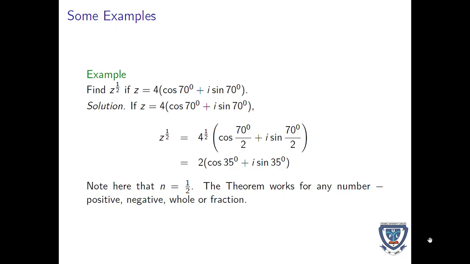When you apply De Moivre's theorem properly, you are going to get 2(cosine 35 degrees plus i sine 35 degrees). Note here that our n is 1 over 2. This theorem works for any number at all, whether positive numbers, negative numbers, whole numbers, or fractions.